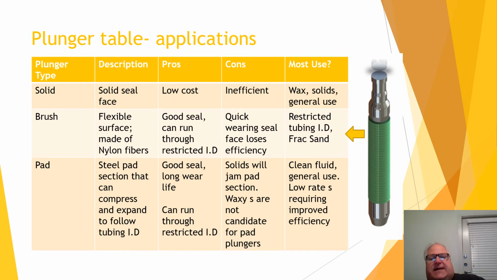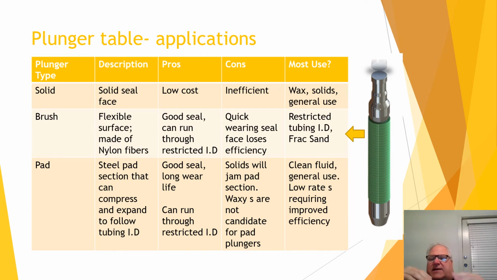So a pad plunger has seal-like pads that are spring loaded, and there are multiple pads all the way around the plunger. They have an excellent seal, and the other nice thing is as they wear, they keep pushing out so they can maintain that high quality, efficient seal over a long period of time. On a solid plunger, even if you run a long plunger, the second you put that plunger in, it starts to wear, and the efficiency gets less as the plunger wears.